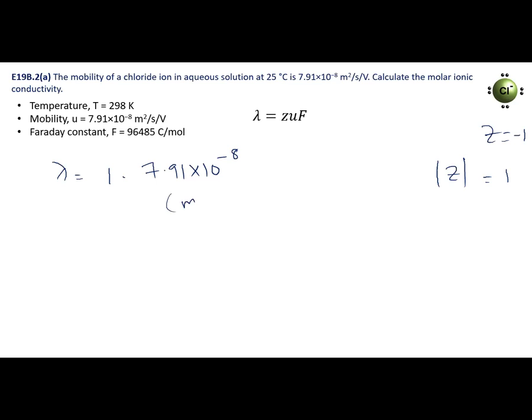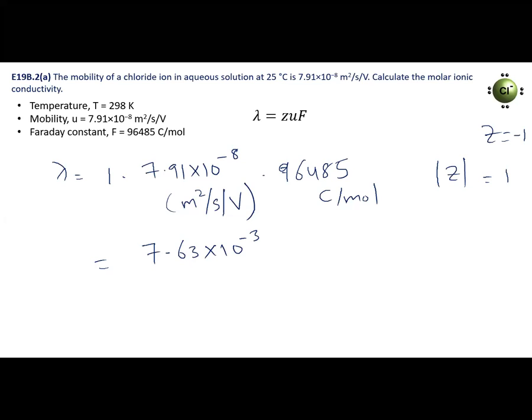Again, make sure that you write the units, times the charge, 96,485 coulomb per mole. If you do this math, you should get 7.63 times 10 power negative 3. But what about the units? So we need to work on calculating the units.